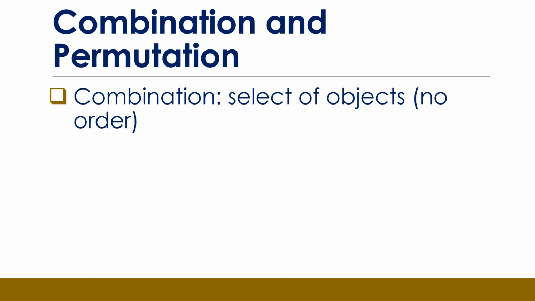When combining objects, we are not interested in the order they occur. So, if I have a selection of 3 objects, A, B, C, then the order does not matter. So, ABC will be the same as BAC and it is the same as CBA.